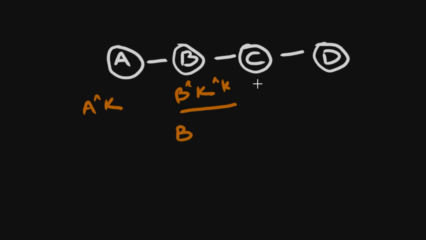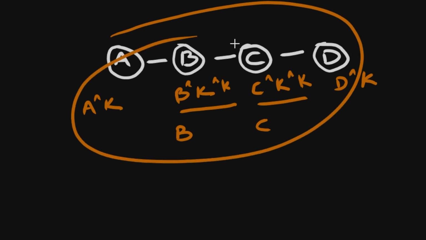And similarly here, up to this point, we will get C XOR K. And now we want to move from C to D. So the new C will be C XOR K XOR K, meaning this is C. And the new D will be D XOR K. And here is the main observation we need to make for this problem.